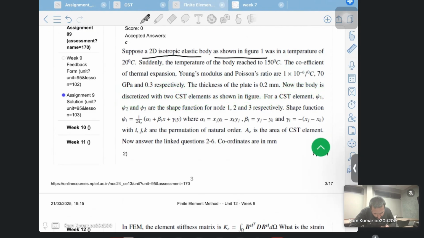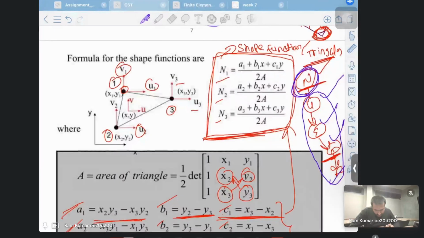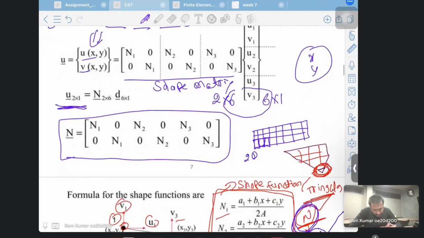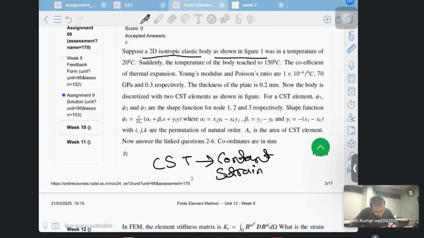CST means constant strain triangle. So this is a CST element, and we call it CST for short. The elements are shown in the figure, okay, fine.